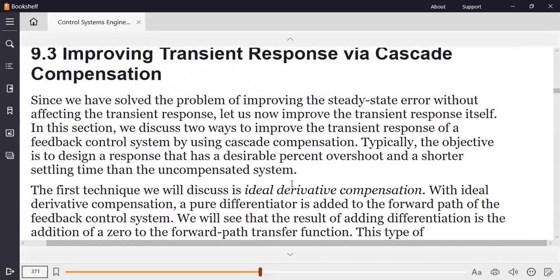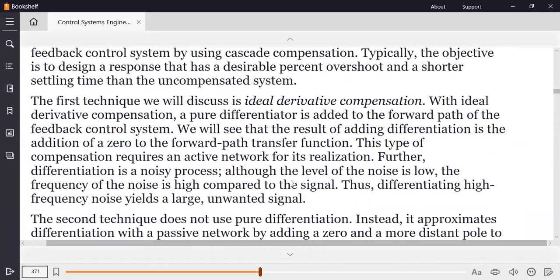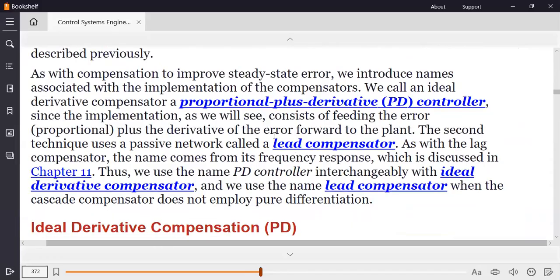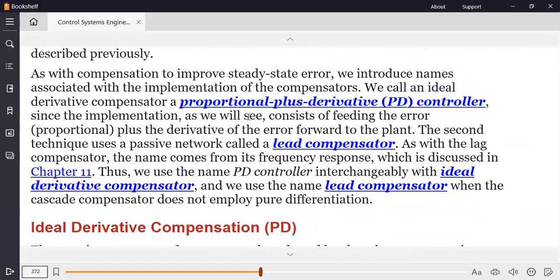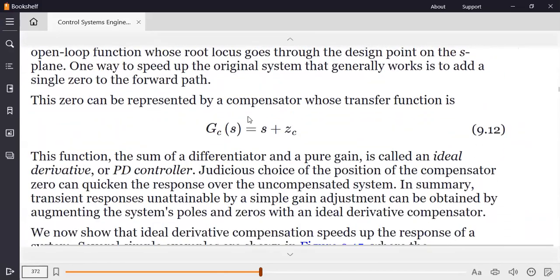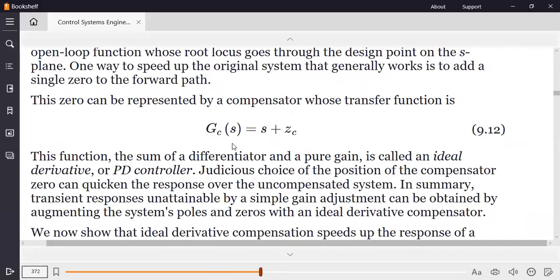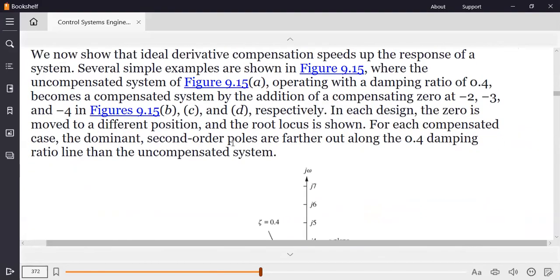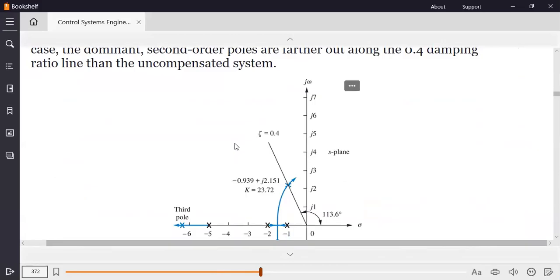So article 9.3, improving transient behavior. You have the proportional plus derivative controller, as well as the lead compensator. We are starting with the ideal derivative controller, so we are just introducing 1 zero.